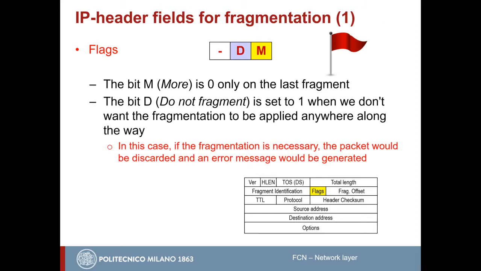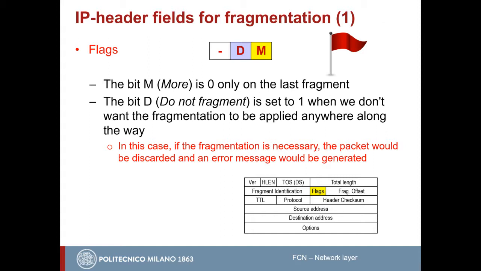And then the first flag is called D, which stands for do not fragment. It is set to 1 each time we don't want fragmentation to be applied. So if a packet is generated by the source and the source decides to set the flag D to 1, it means that this packet will never undergo a fragmentation operation. What happens if the packet does not fit into the MTU of a certain link between the source and the destination?